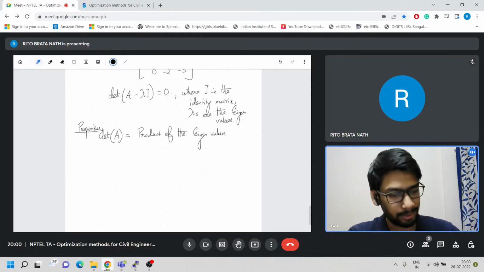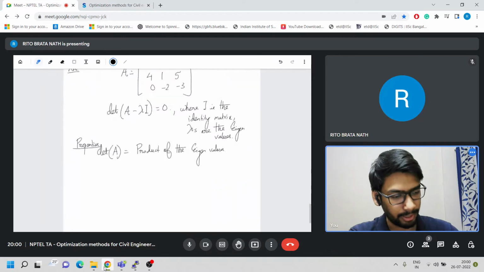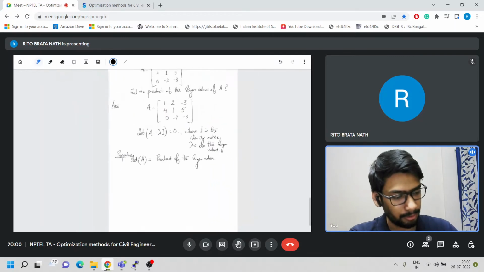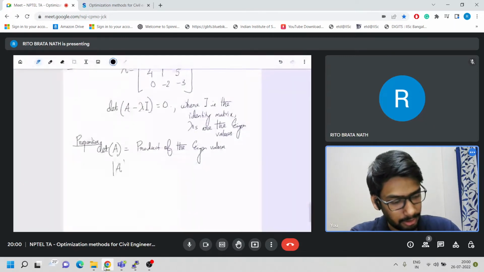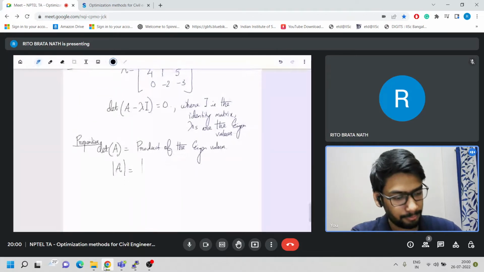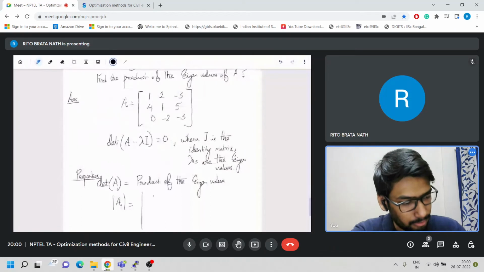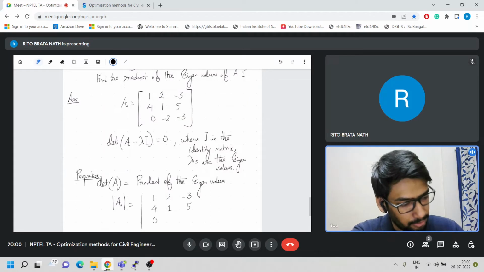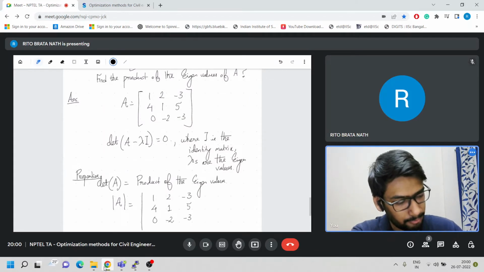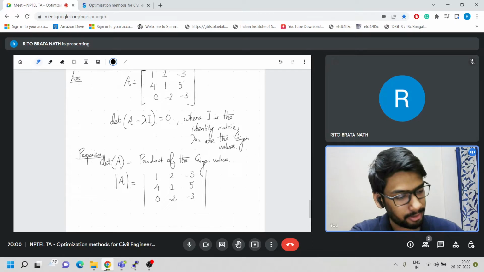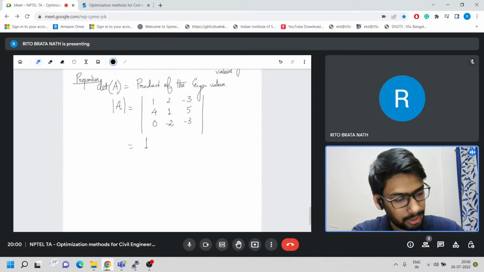So let me just show you the problem solving technique just now. So now you take the determinant. So I hope my screen is visible. Yeah. So 1, 2, minus 3; 4, 1, 5; 0, minus 2, minus 3. Now you take the determinant. So it's pretty basic now. It's 1 multiplied by minus 3 plus 10.